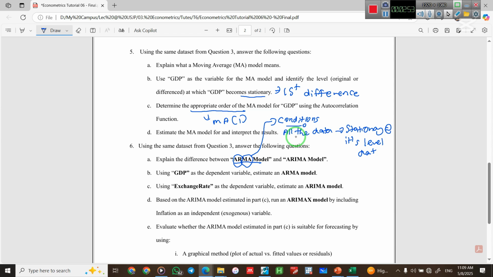So you can't difference the data and run the ARMA model. To run the ARMA model, you have to have all your data stationary at its level, right?